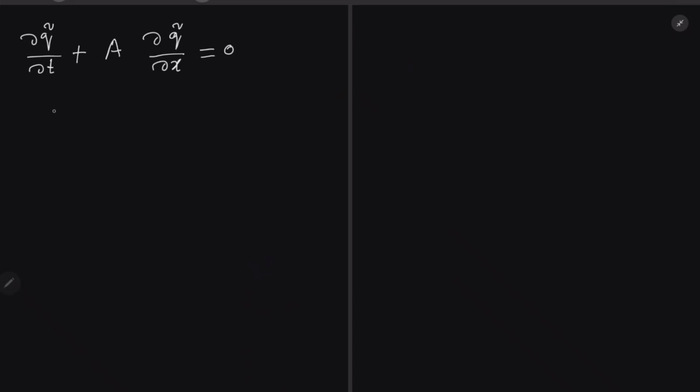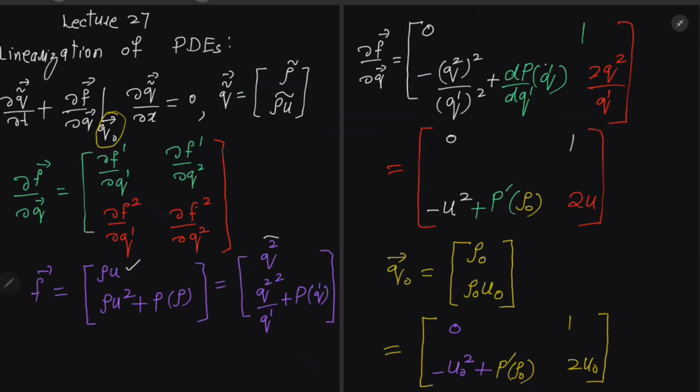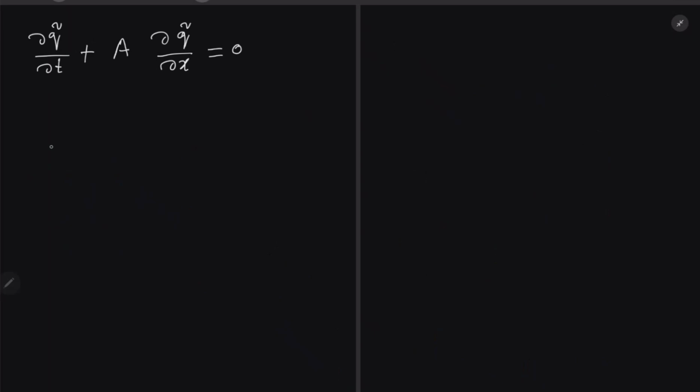And what was A? We already have A over here: 0, 1, minus u naught square plus p dash rho naught, and 2u naught.